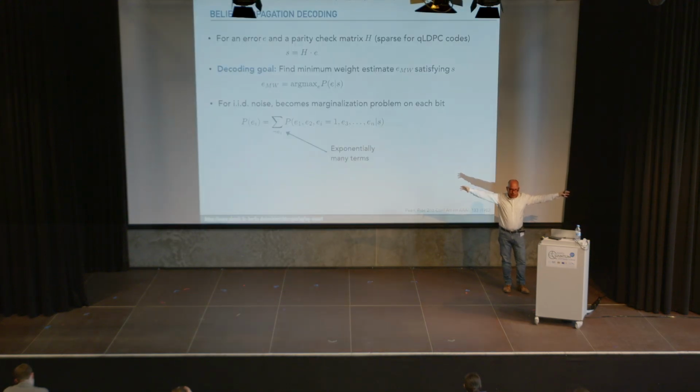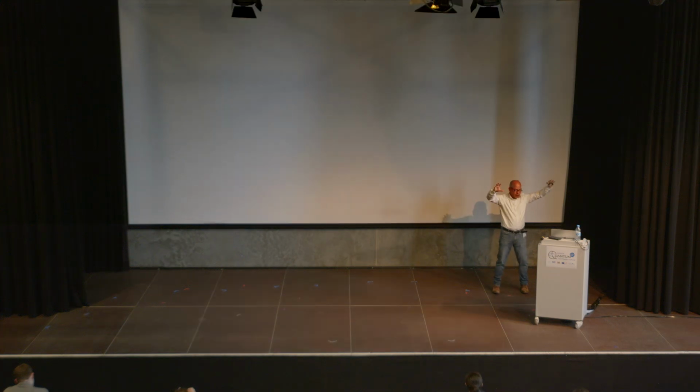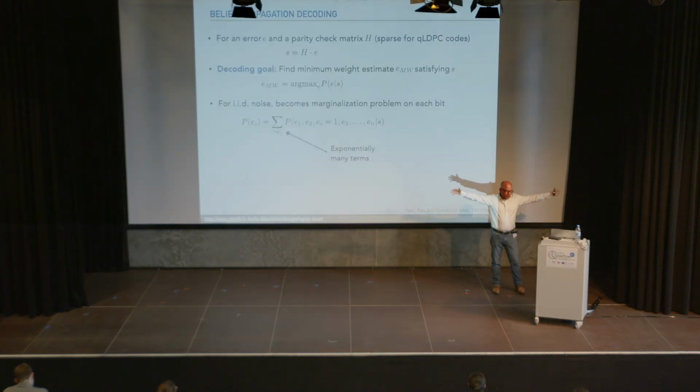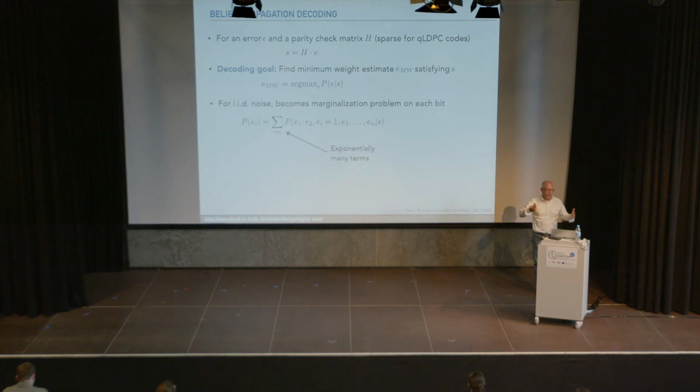Now, if you have IID noise and the errors are IID distributed, the whole thing becomes a very multivariate distribution, but you can write the distribution for one bit as a marginalization problem over each bit, which is formally true, but it has exponentially many terms.